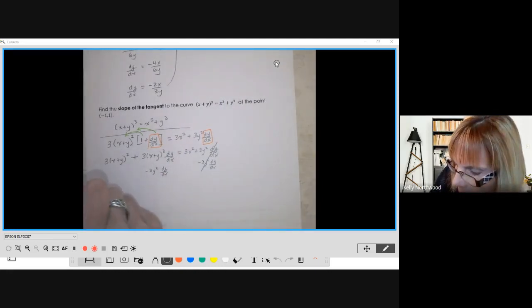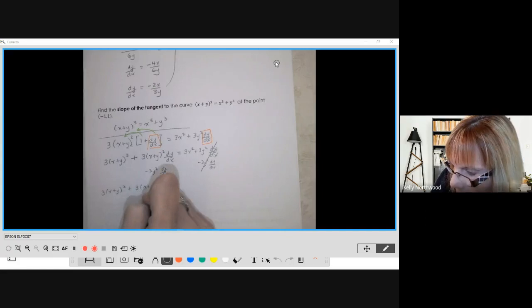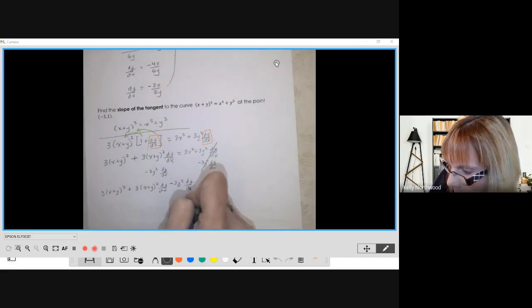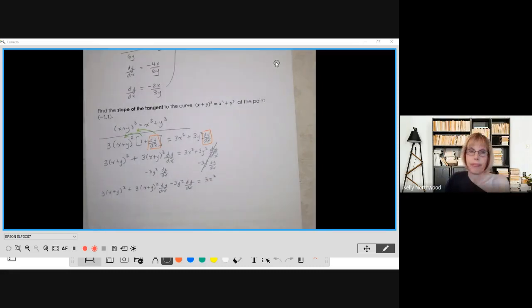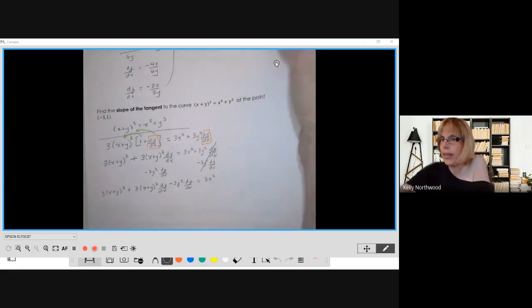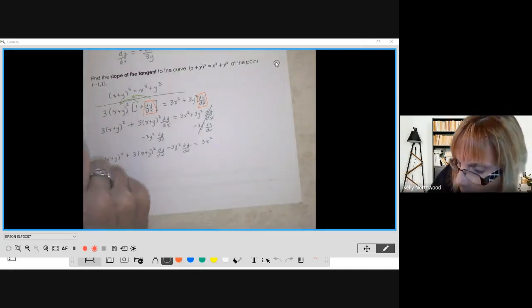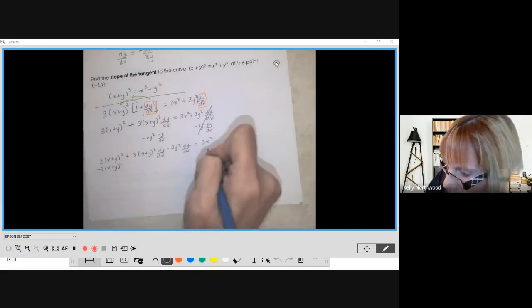And I've got 3 times x plus y squared plus 3 times x plus y squared times dy by dx minus 3y squared times dy by dx equals 3x squared. And then I also want to get this 3 times x plus y squared off of the left side, so I'm going to subtract it on both sides.